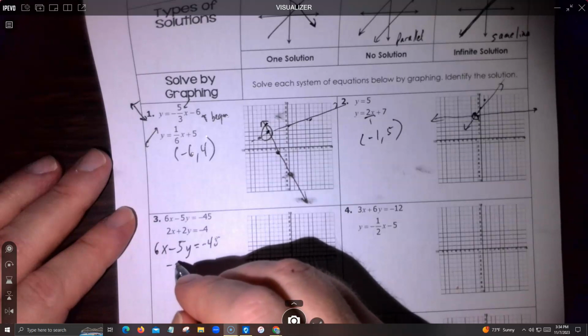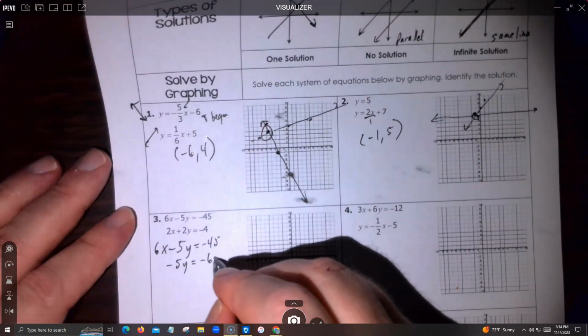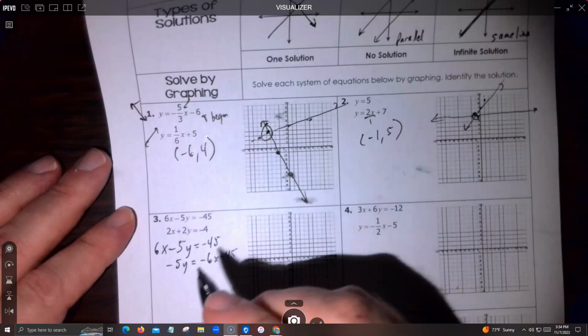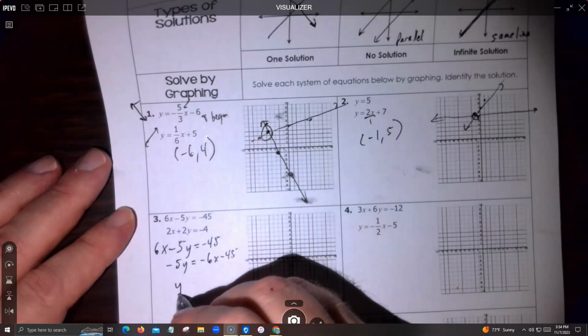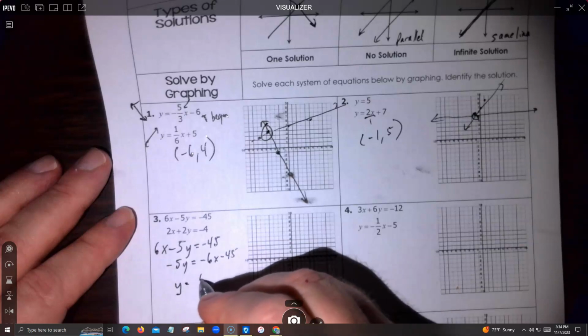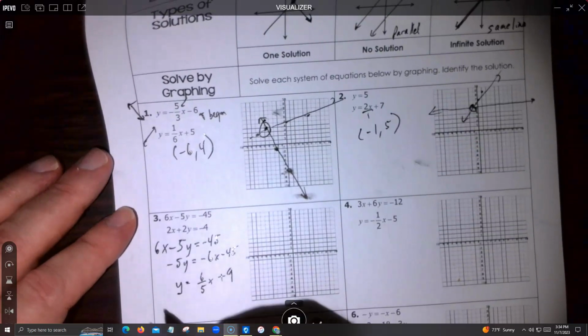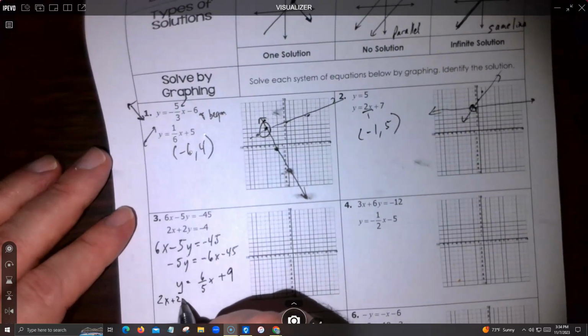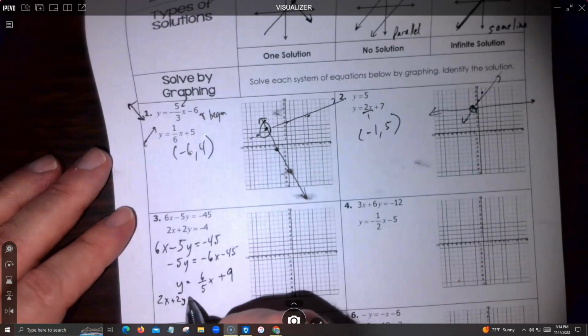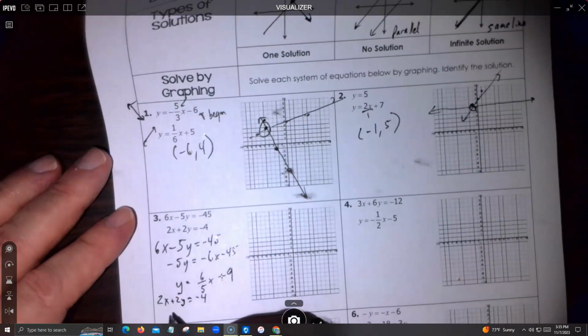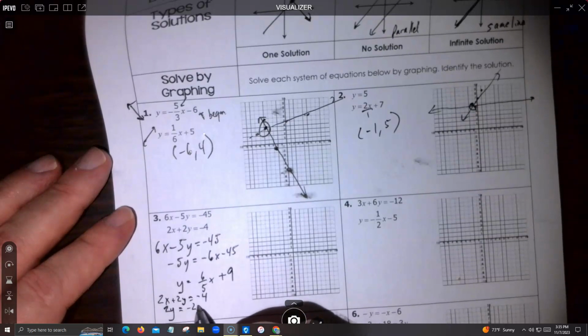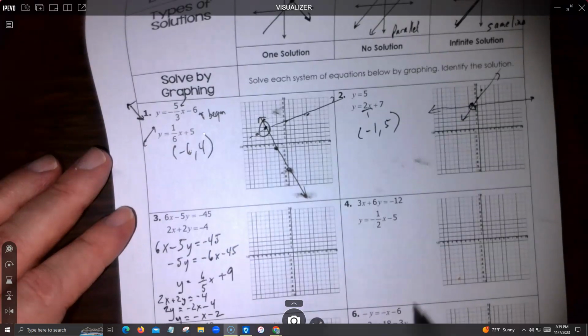Let's move the 6x over, then divide by -5. If we do that, that's going to get that. And then our next one, y equals -2x minus 4, so y is equal to -x minus 2.